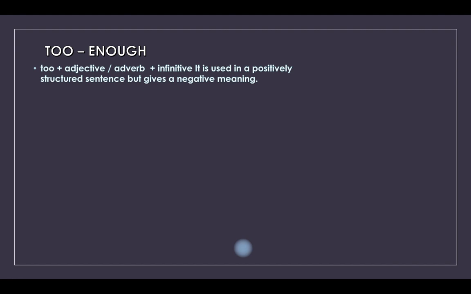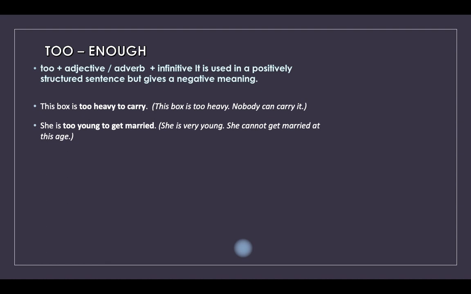Too and enough are also used with infinitives. So how do we use it? We use it with adjectives. Too heavy to carry. This box is too heavy to carry, like in the picture. So the box is too heavy, nobody can carry it. That's the meaning. You can see that the sentence is an affirmative sentence, but the meaning of the sentence is negative, yeah, nobody can carry it.